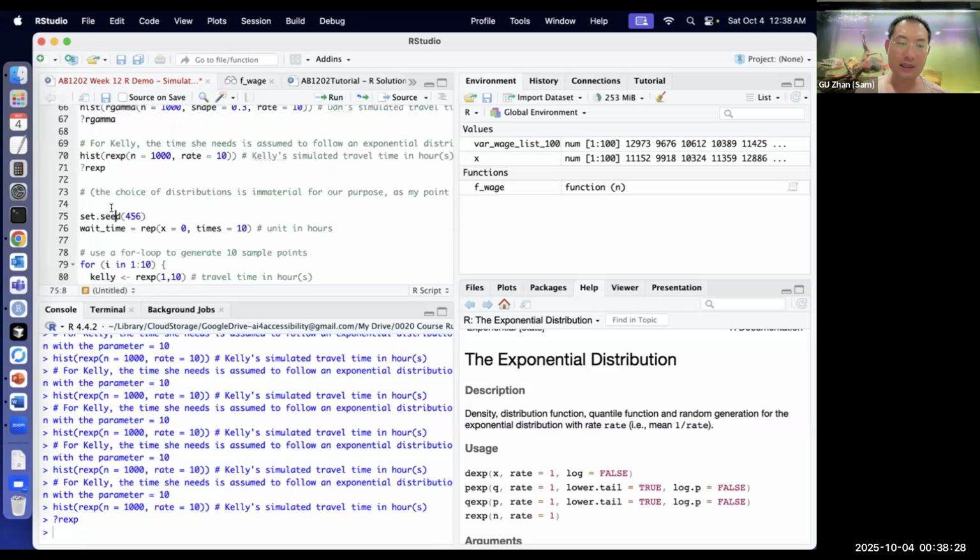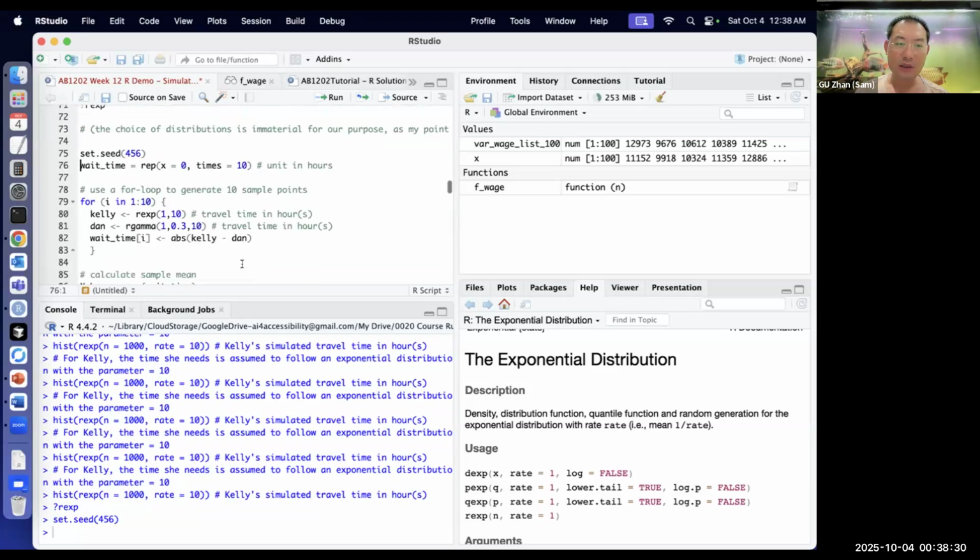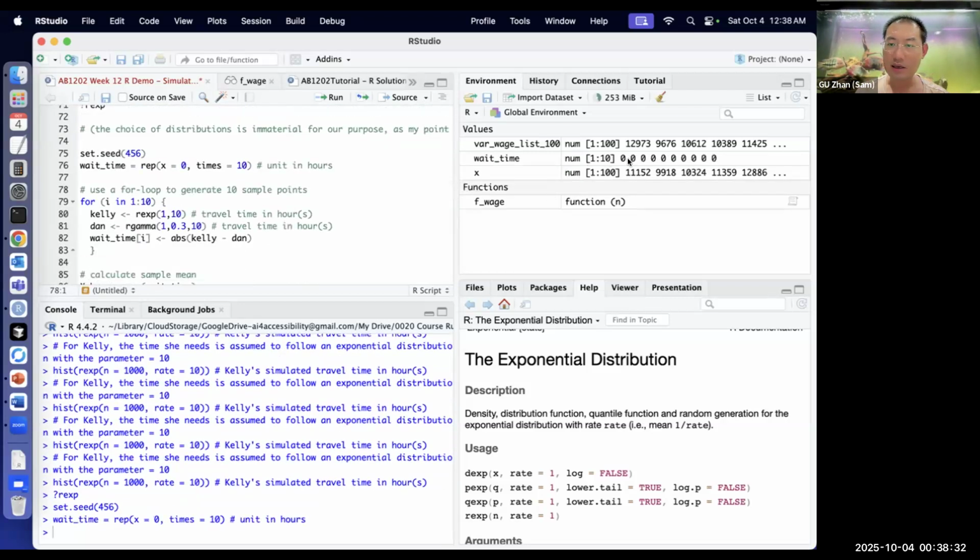Next we set seed. The waiting time is an initial variable holding 10 places, each initialized with 0 value, 0 hours. Write a for loop to generate 10 sample points, 1 to 10.